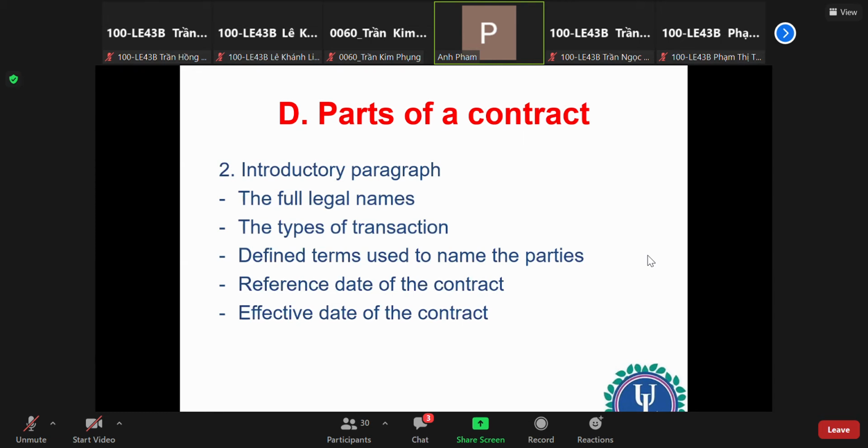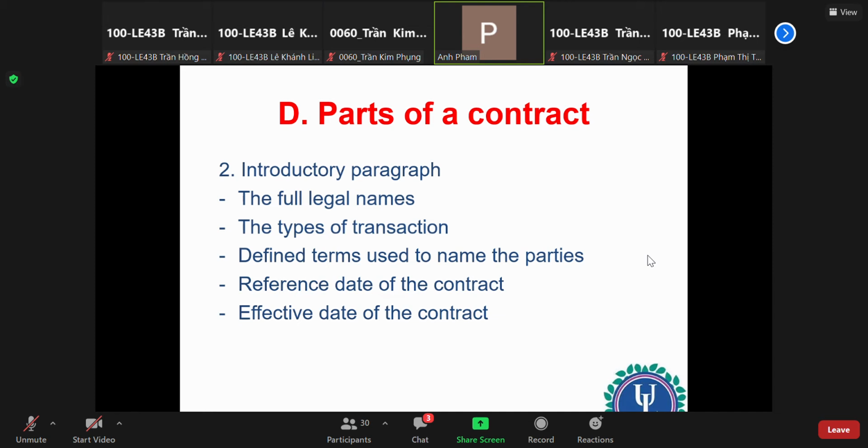Now, the first part of a contract is an introductory paragraph. In the introductory paragraph, the parties will specify the full legal names of the parties. Legal names here can be the name of an individual or the name of an organization.